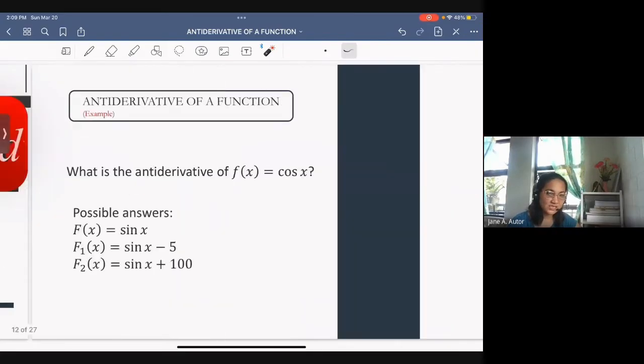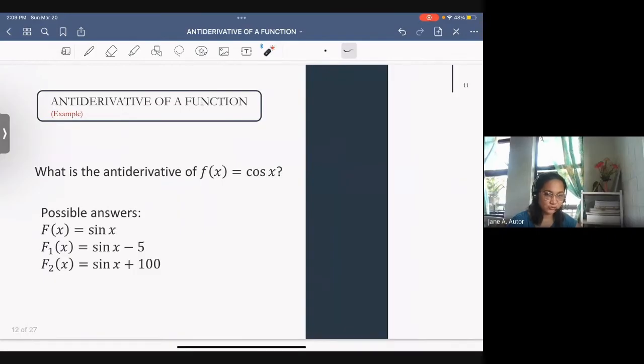Since all three functions lead to the same derivative, the derivative of these three functions will give you cosine x. So the only difference is their constant term. So we will be using the variable C to denote the arbitrary constant, particularly for the general antiderivative of a function.